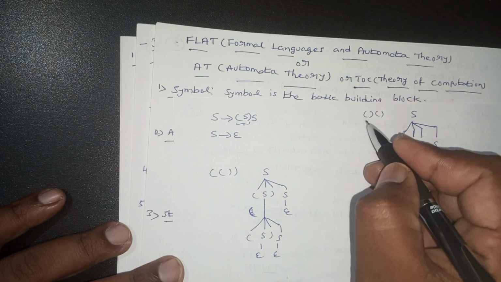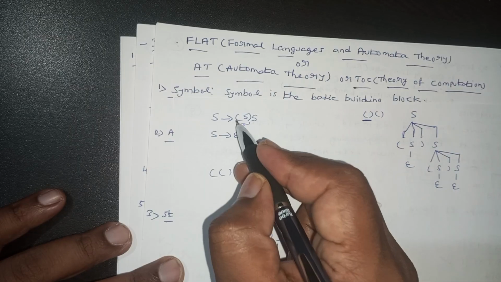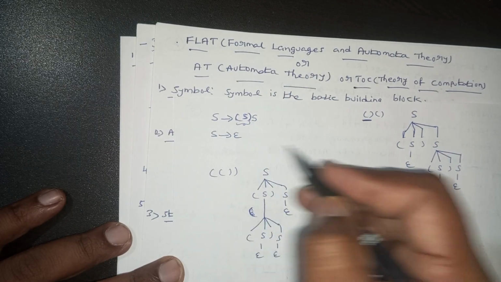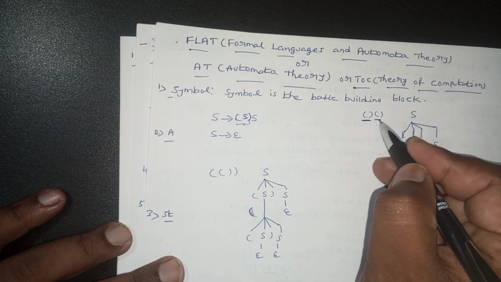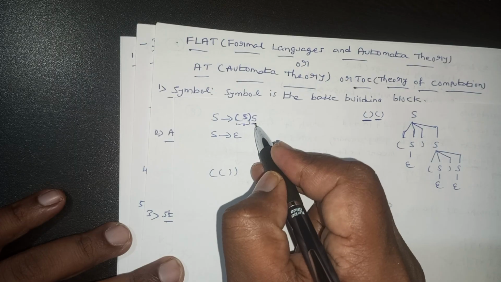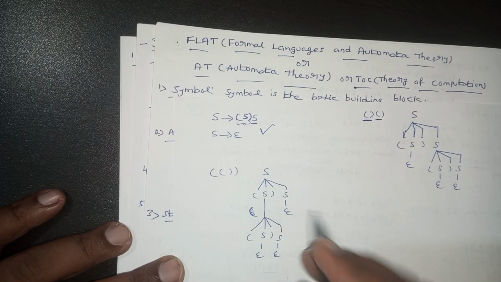Which one am I executing first? This one. So I write bracket, S will be there from the grammar. If I want to get one more bracket, what do I have to write? You write one more S, simple S, that is enough. So S tends to epsilon. So this is the unambiguous grammar for the given grammar.